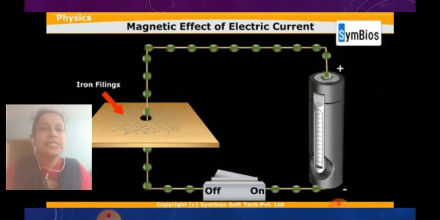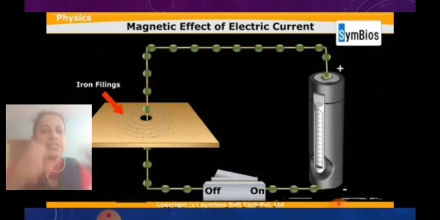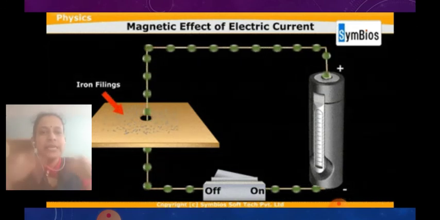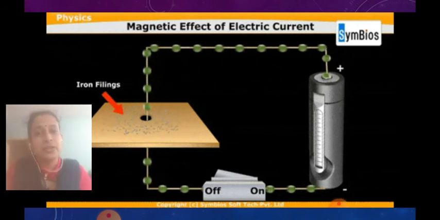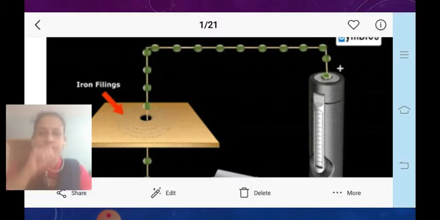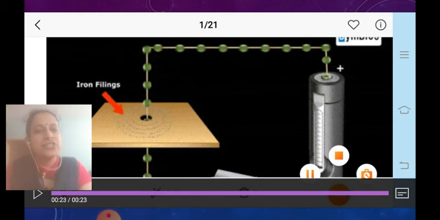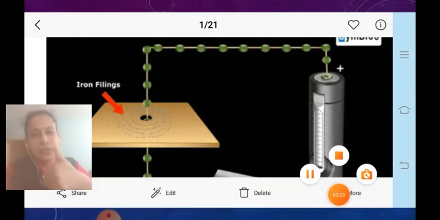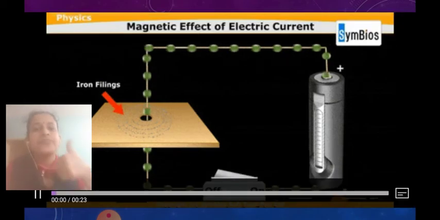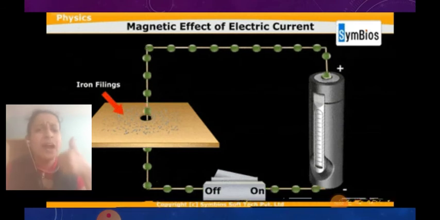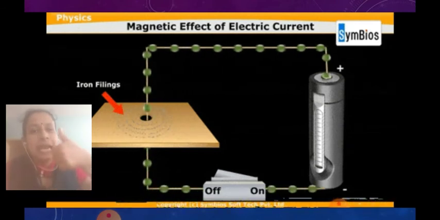You could see that the iron filings which were just roughly placed arranged themselves in concentric circles, but we don't know exactly the direction of the magnetic field. So for this there was an invention of the right hand thumb rule. Now how does this right hand thumb rule act?